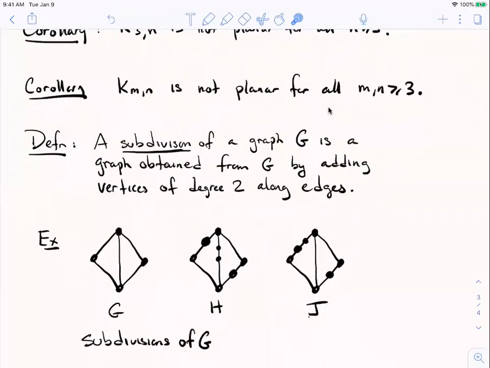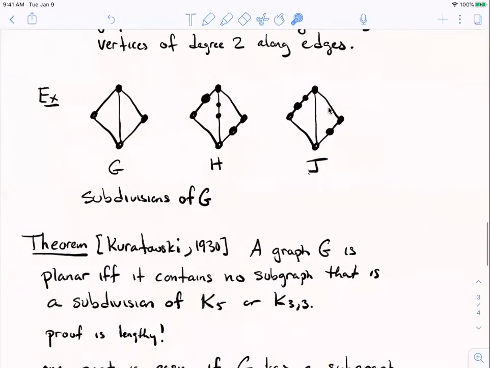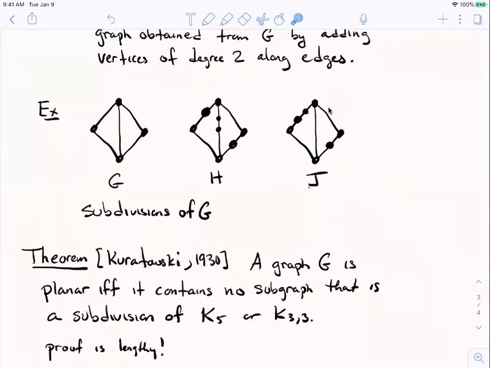So in the 1930s, Kuratowski proved the following very surprising result, that a graph G is planar if and only if it contains no subgraph that is isomorphic to a subdivision of K5 or K33. So in some sense, allowing for subdivisions, the non-planarity of K5 and K33 is kind of responsible for the non-planarity of any non-planar graph.